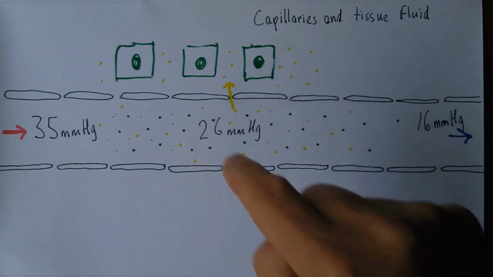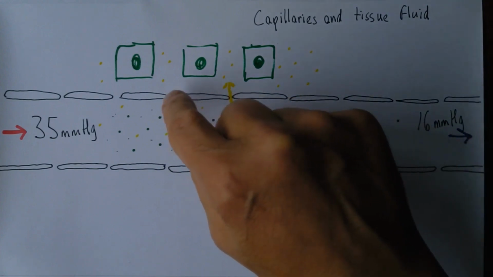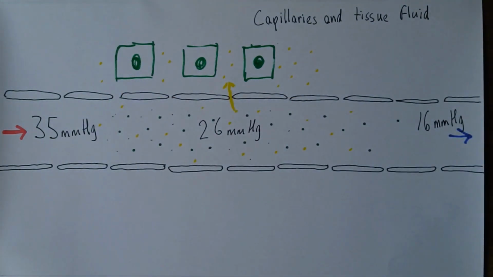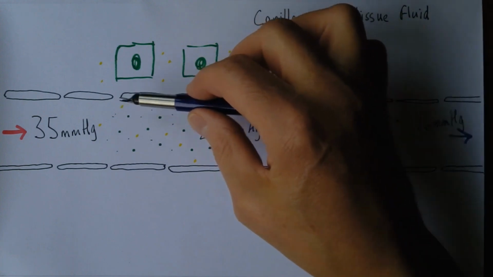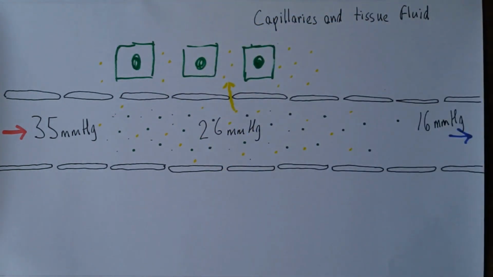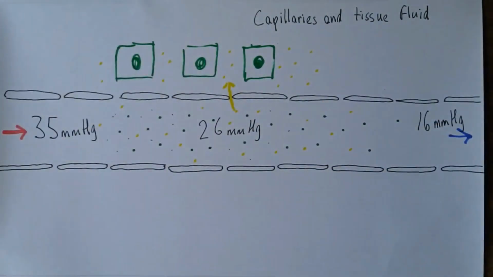But the plasma proteins, because as we've already said, the albumin's got a molecular weight of 69,000, it's a huge molecule, can't fit through these gaps, these intercellular clefts. Now, diagrammatically, I've drawn these clefts as being quite big. In reality, the clefts, these gaps, only occupy 1/1000th of the internal surface area of the capillary.